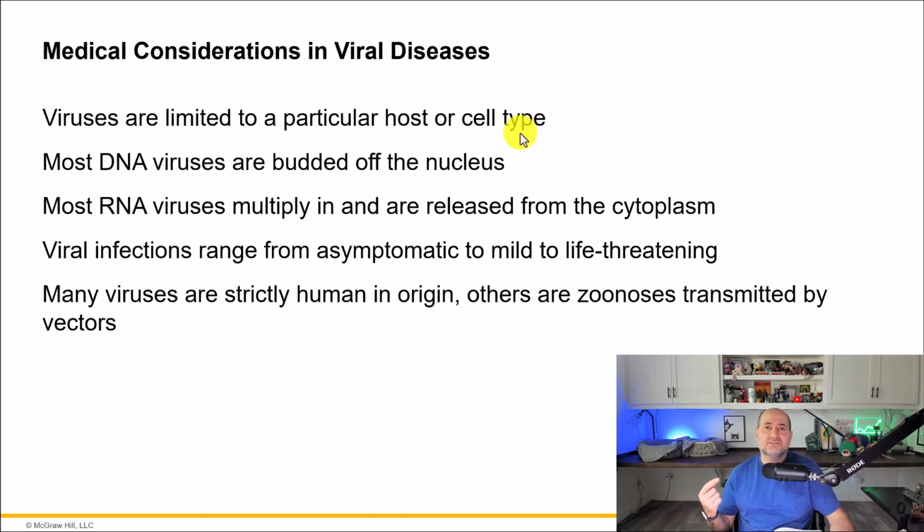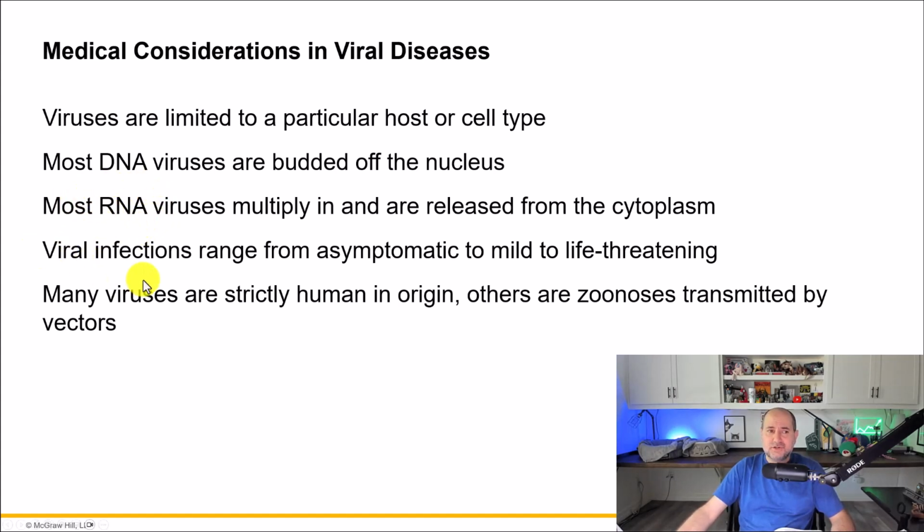So for instance, hepatitis C only infects the liver cells of humans. Most of the DNA viruses bud off from the nucleus because the DNA viruses replicate their DNA inside of the nucleus. RNA viruses replicate their RNA in the cytoplasm.